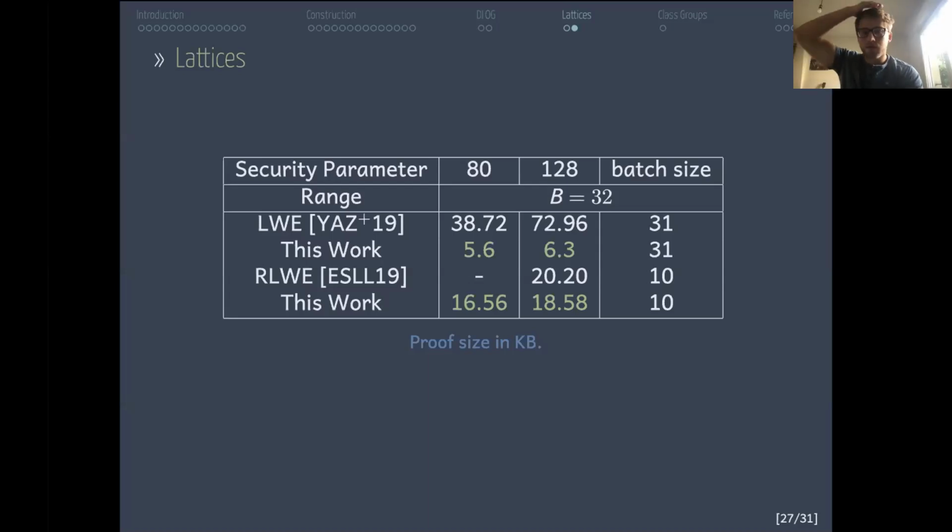This is, I should have written this, this is amortized proof size. So essentially, the concrete proof size is 31 times 6.3 or 31 times 70. Okay, I see.